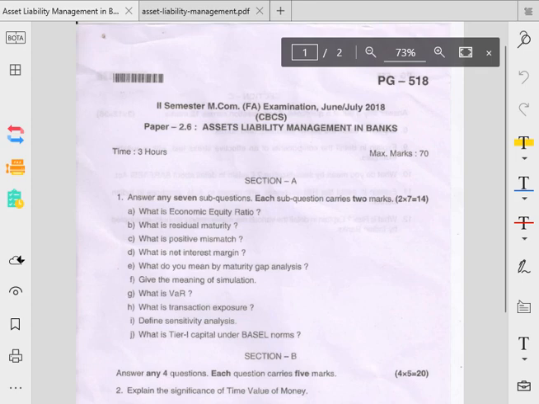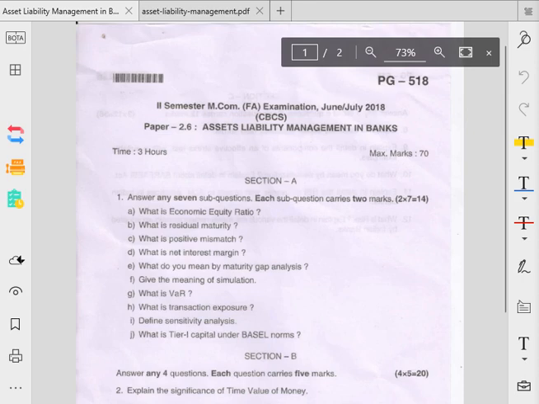Okay, and the third one is positive mismatch. Positive mismatch means excess liquidity, which can be deployed in money market instruments, by creating new assets and investments.